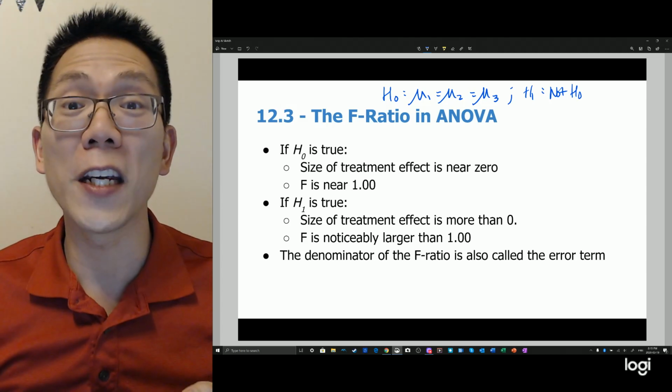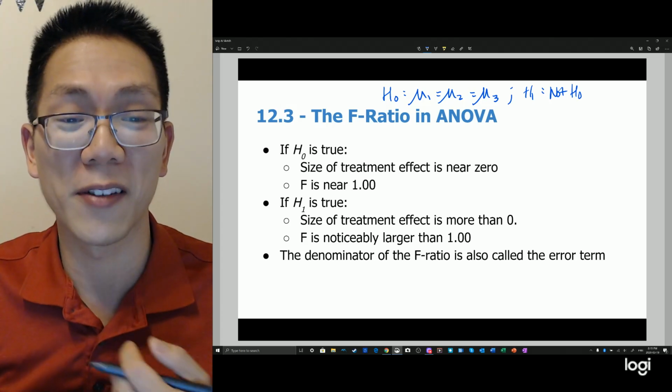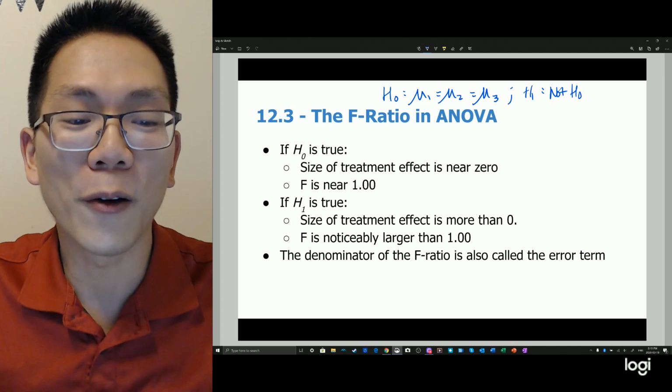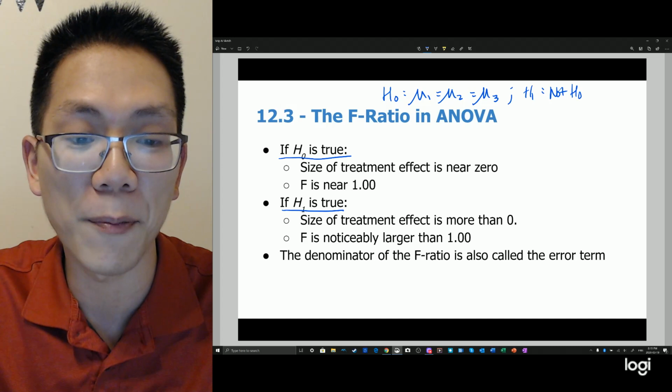It could be 15. It could even be 100 if you do enough tests, 20 tests if alpha was set at 0.05.